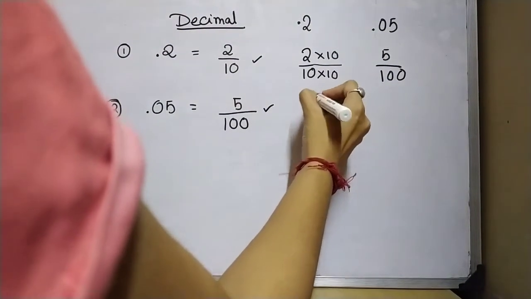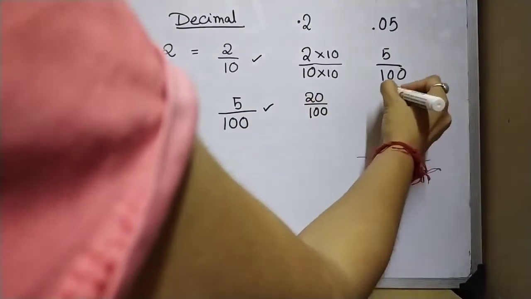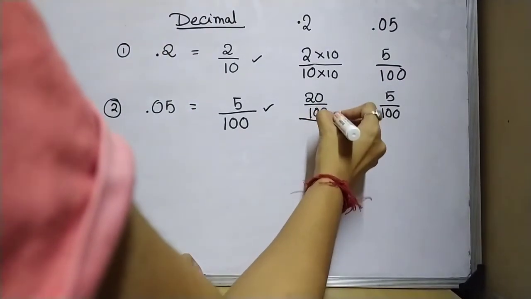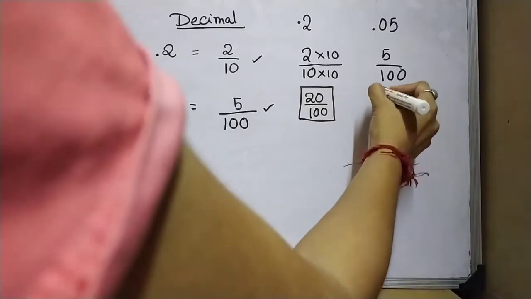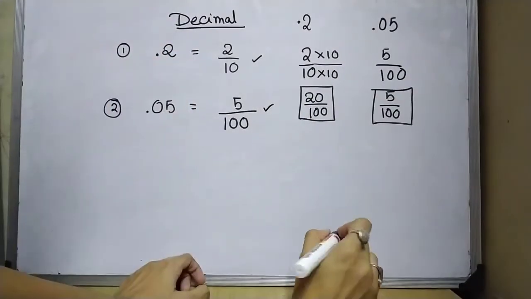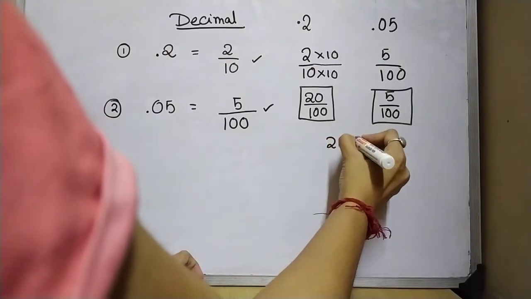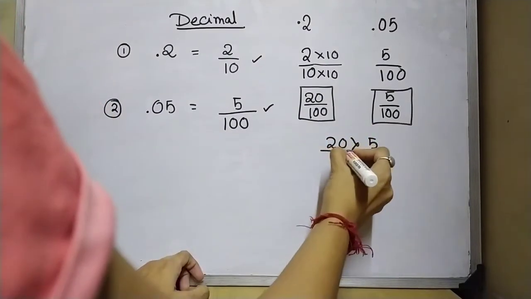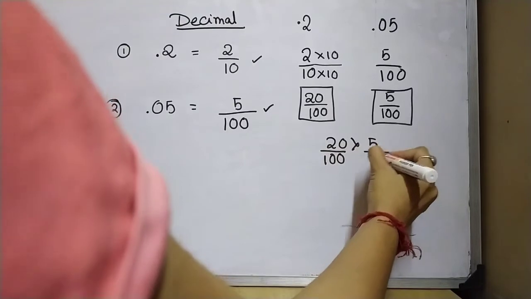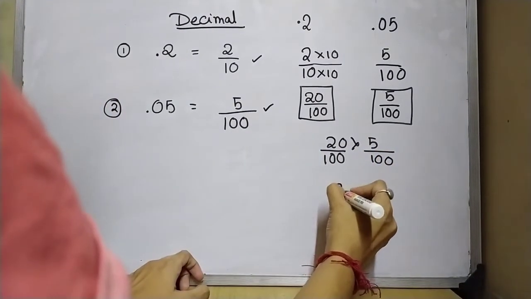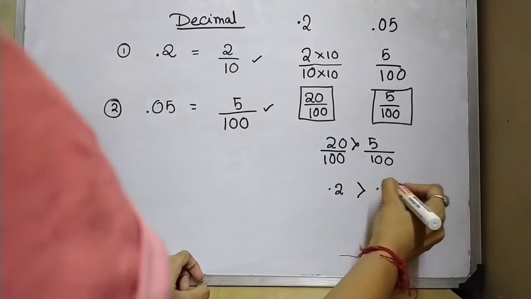We get 20 by 100 here, and here we have 5 by 100. The first one is 20 parts of 100 equal parts and the second one is 5 parts of 100 equal parts. Of course 20 is greater than 5, so 20 by 100 is greater than 5 by 100. Then we can write 0.2 is greater than 0.05.